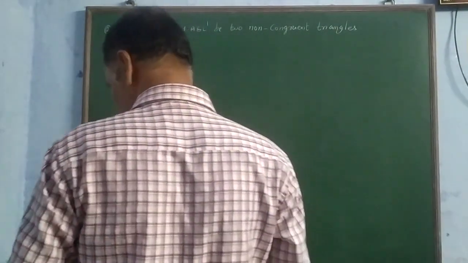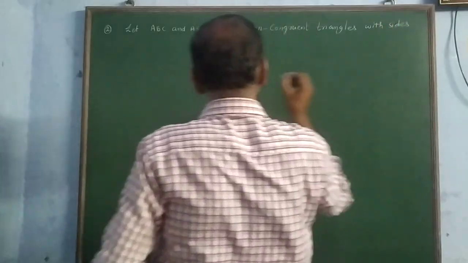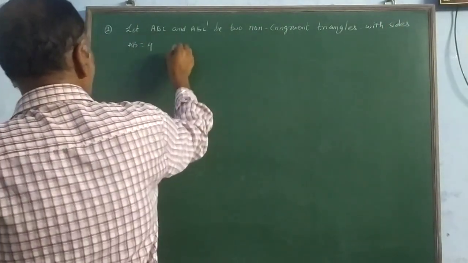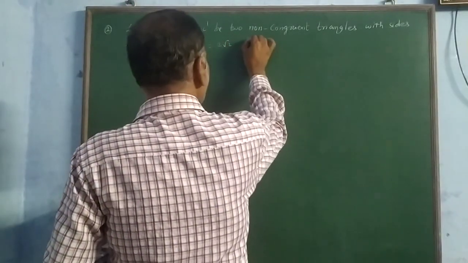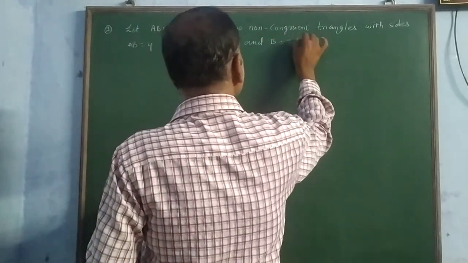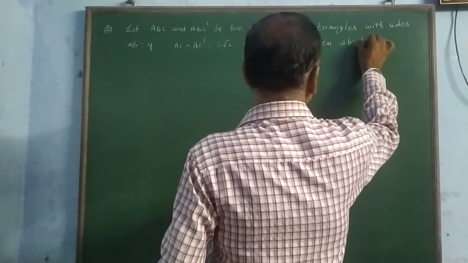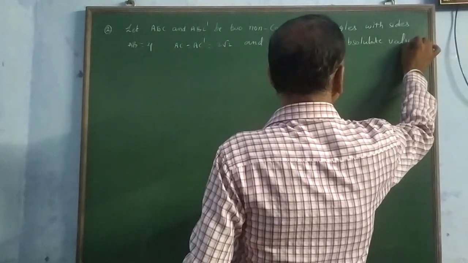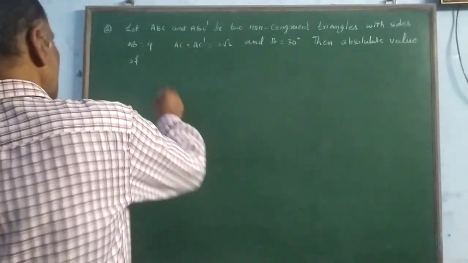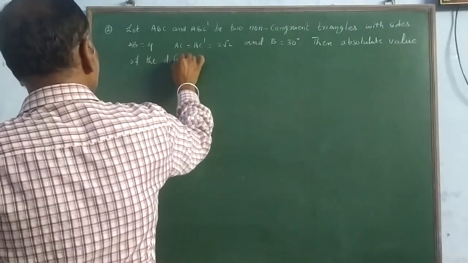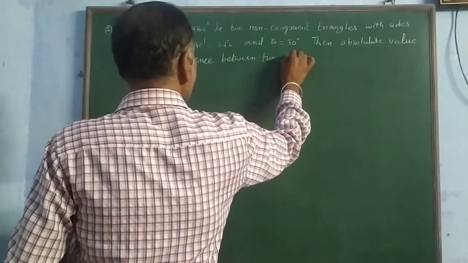Two non-congruent triangles with sides AB equal to 4, AC and AC dash equal to 2 root 2, and angle B equal to 30 degrees, then the absolute value of the difference between the areas of the two triangles.